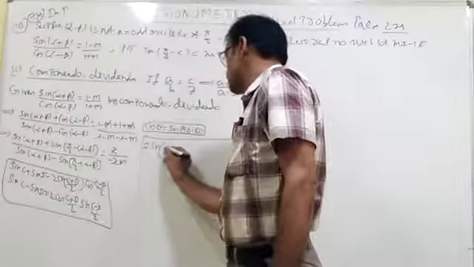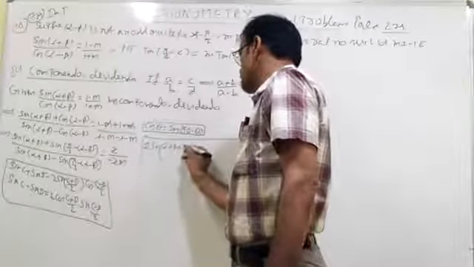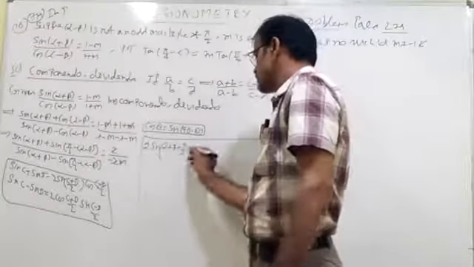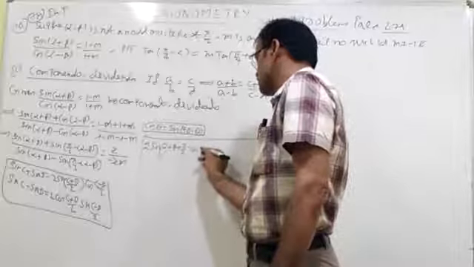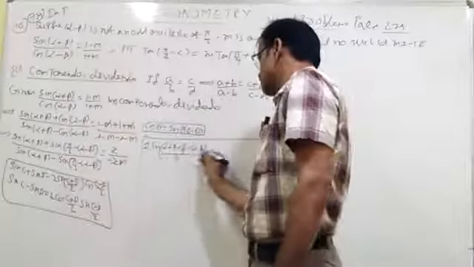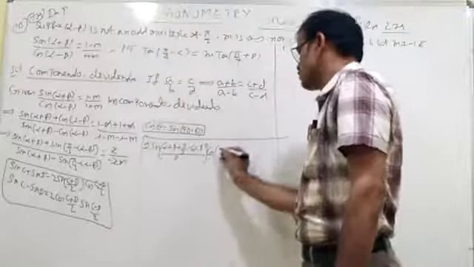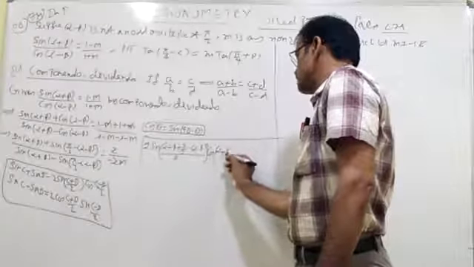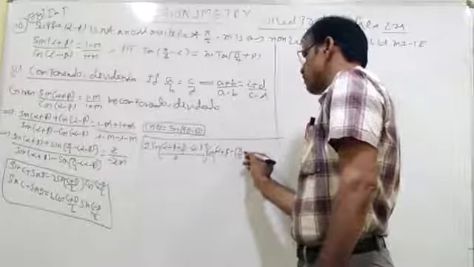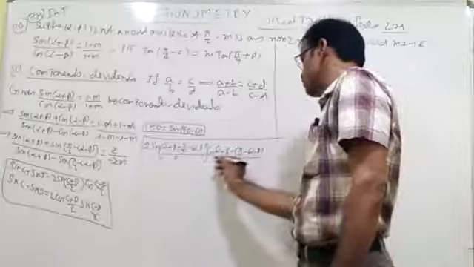So 2 sin of c plus d by 2: alpha plus beta plus pi by 2 minus of alpha minus beta, this is c plus d by 2, into cos of c minus d by 2: alpha plus beta minus of pi by 2 minus of alpha minus beta, whole by 2.